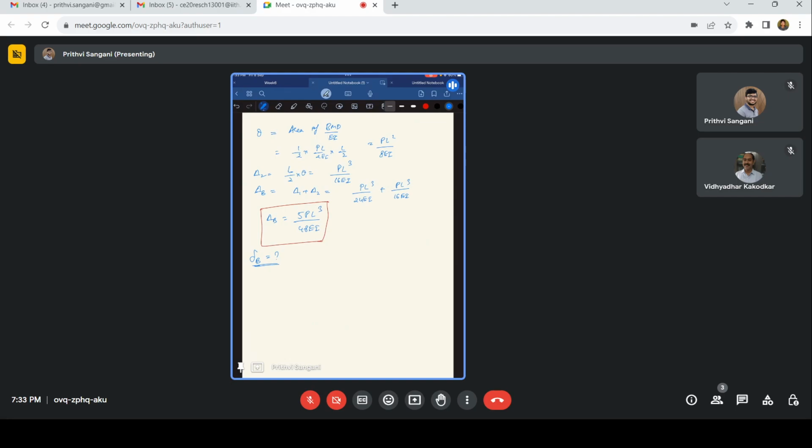For span AB, the length is 9 meters, and the capital M at distance x is minus 396 hogging moment, plus 72x minus 8 into x by 2, that is 4x square.